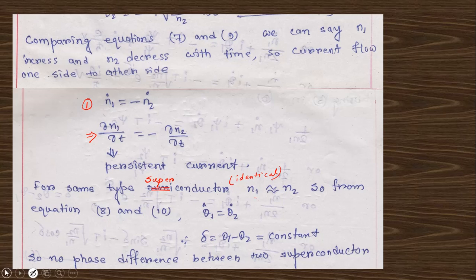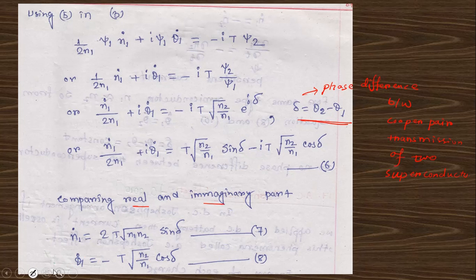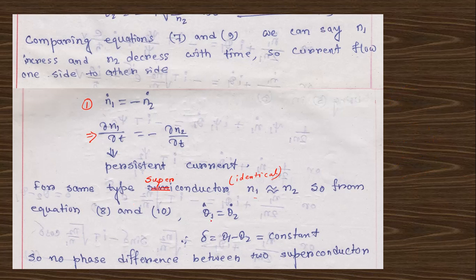So in equation 8, you can say theta 1 and theta 2 are identical, n1 and n2 are the same, so this cancels out, minus T cos lambda, and in case of theta this is also minus T cos lambda, so these two are identical. So you can say this is nothing but del t of theta 2 minus theta 1 equals 0. So theta 1 minus theta 2 will be 0, so theta 1 minus theta 2 will be constant.